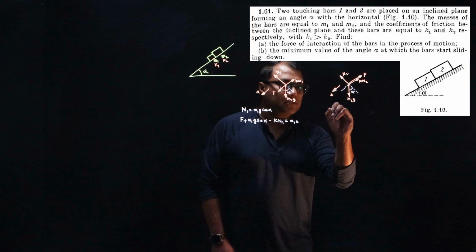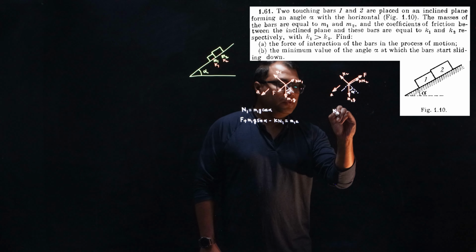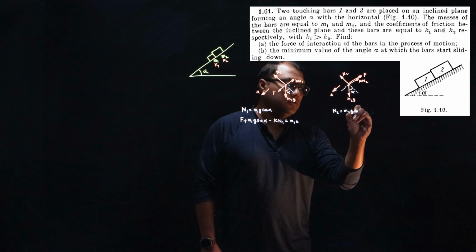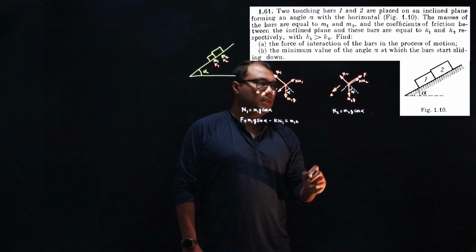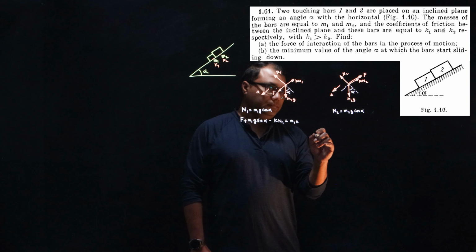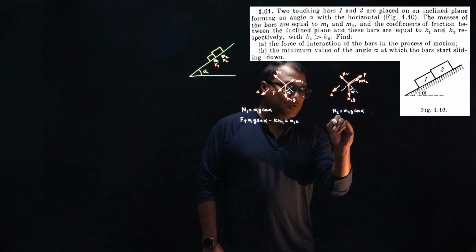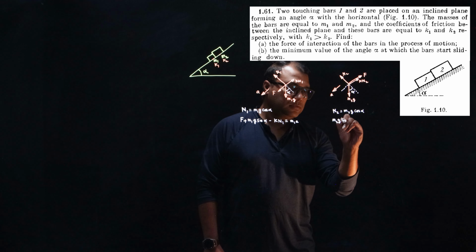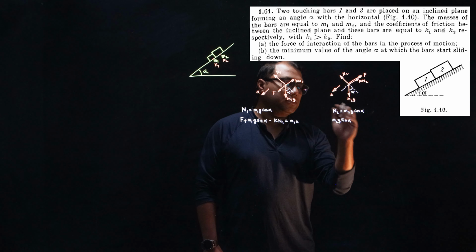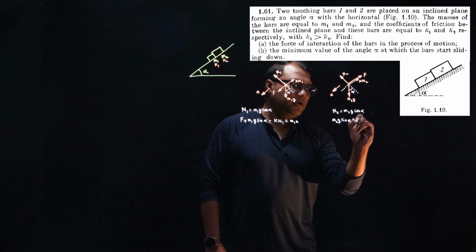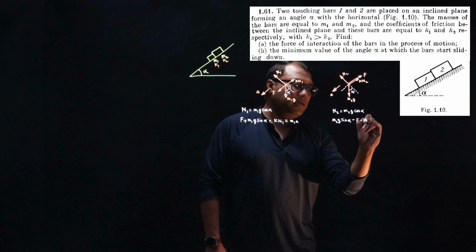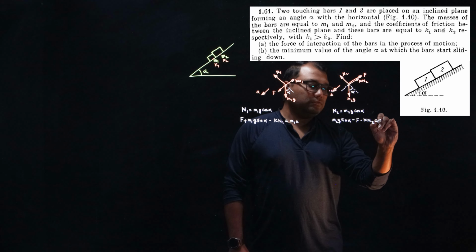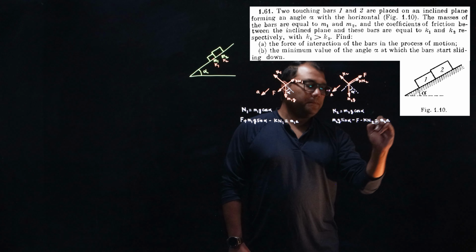Okay, now let's look at this one. n2 is m2g cos alpha, and m2g sine alpha in this direction minus F minus k2 n2 is responsible for this acceleration, which is m2a.